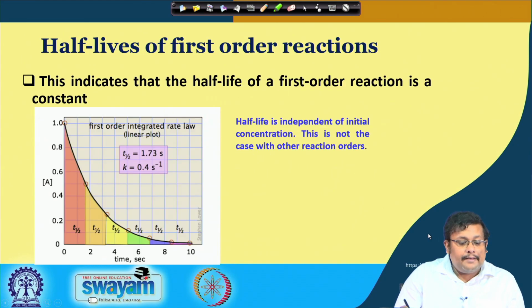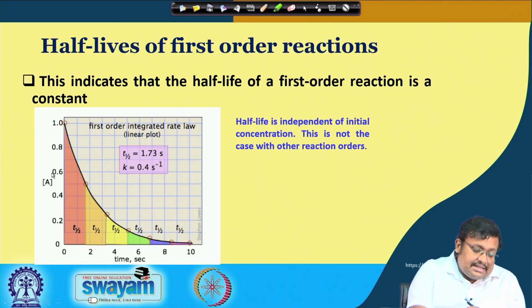This also indicates that the half life of a first order reaction is basically constant. We have seen that the half life does not depend on the concentration of the reactant; it is constant. If you see the time and the concentration of A, we get an exponential decay.